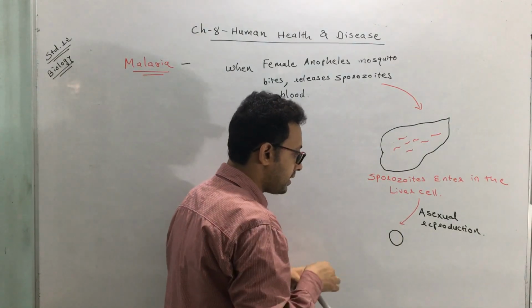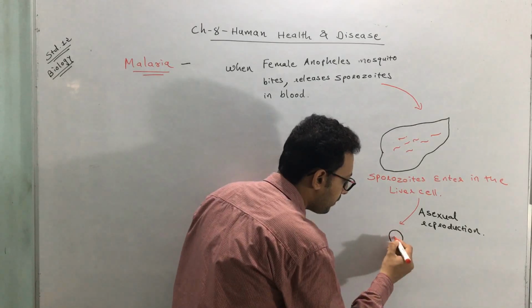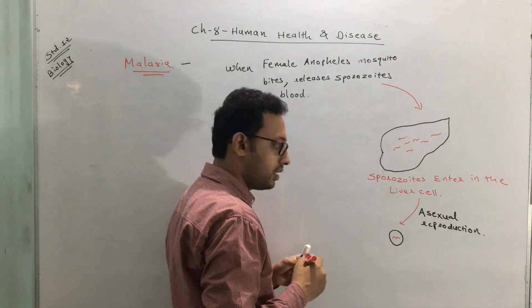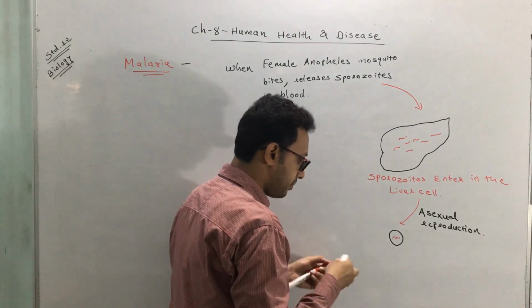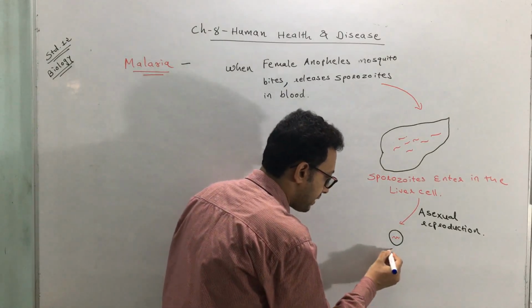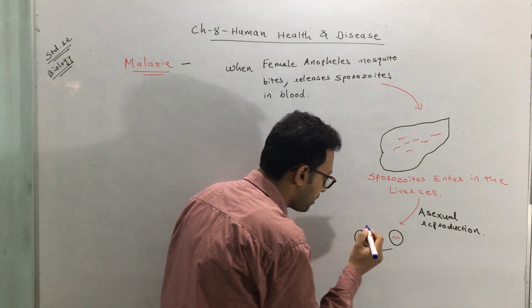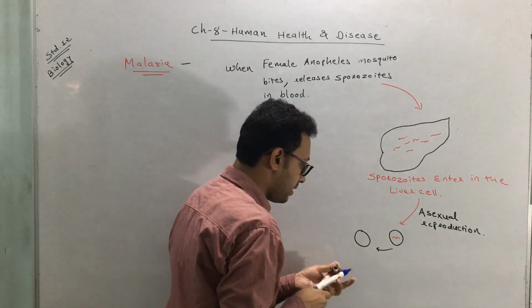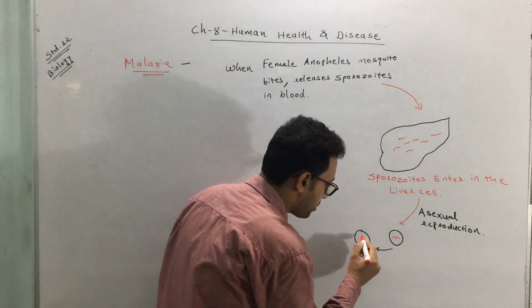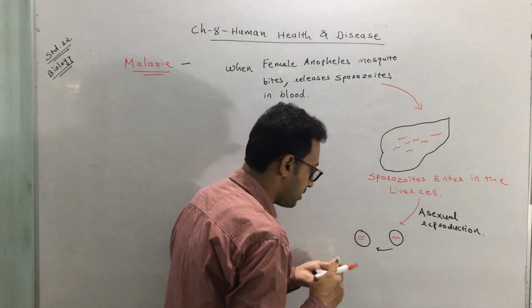Here there is the presence of a parasite. Now this parasite grows up, means it multiplies rapidly. Again they undergo asexual reproduction, means multiplication occurs.